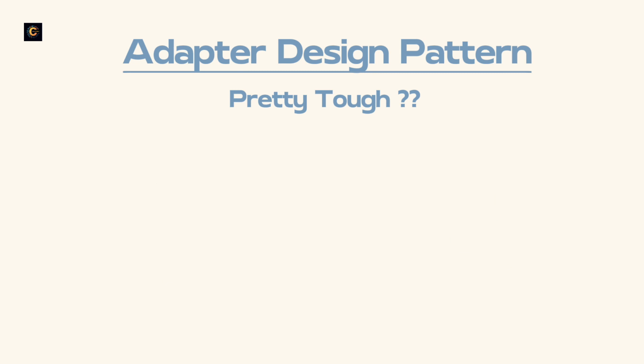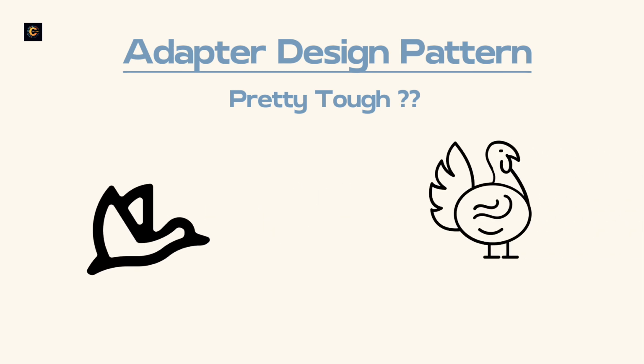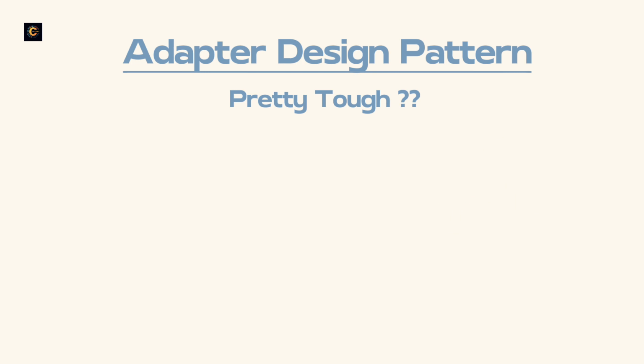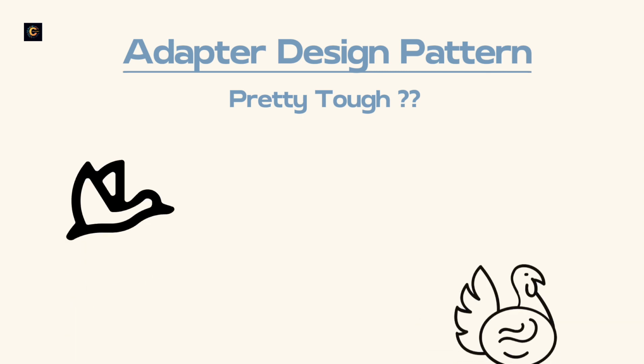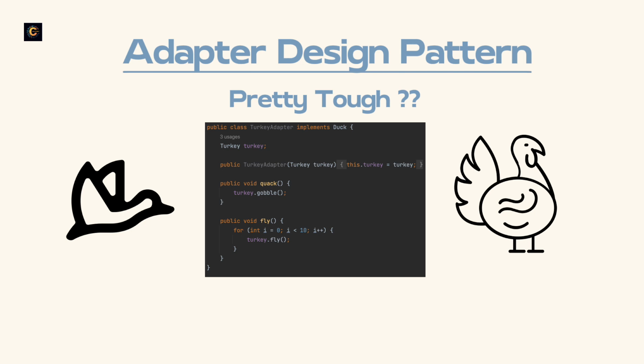Now, ducks and turkeys fly differently. Ducks are fast and can fly far, while turkeys are slower and fly short distances. To make the turkey adapter's flying match that of a duck, we make the turkey fly not just once, but 10 times in a row.